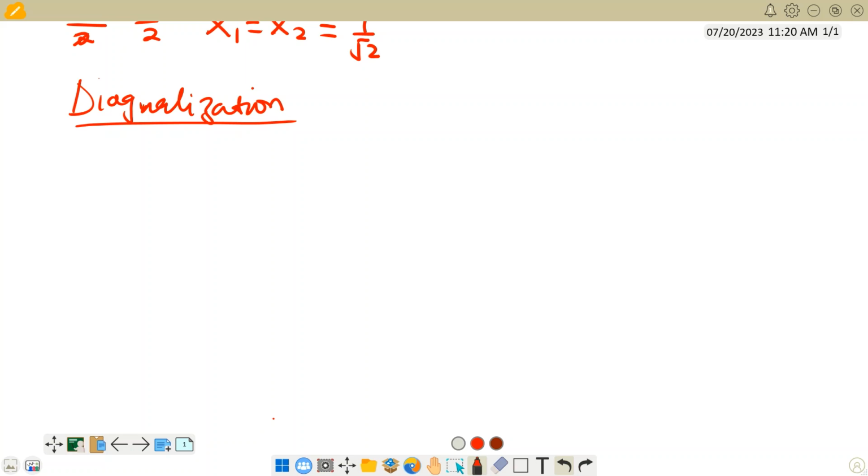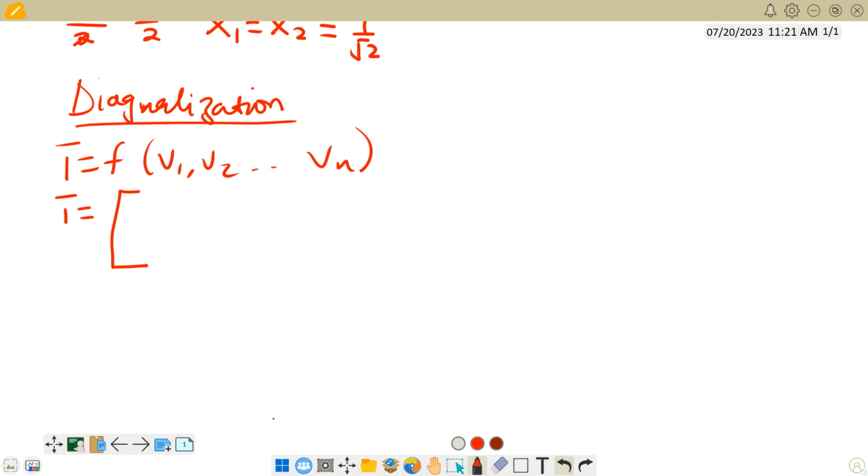Practically, with diagonalization we're just saying that we'll try to convert a normal matrix into a diagonal matrix. We're going to come up with a matrix T, which should be a function of the vectors: vector 1, vector 2 up to vector n. In our case, we only have two vectors, vector 1 and vector 2. In short, our T will be a function of these two vectors.